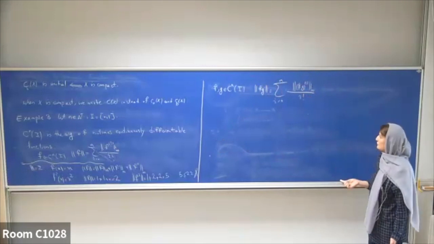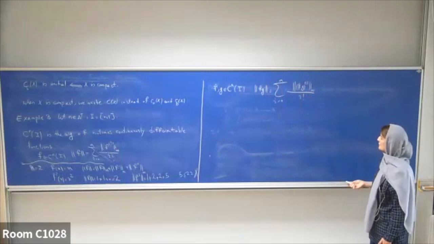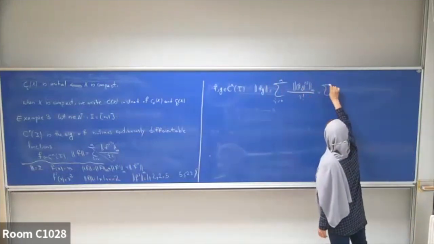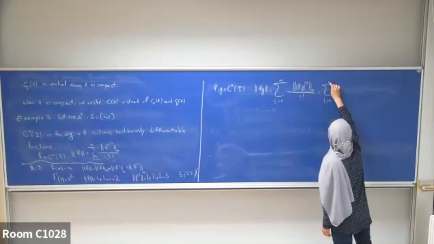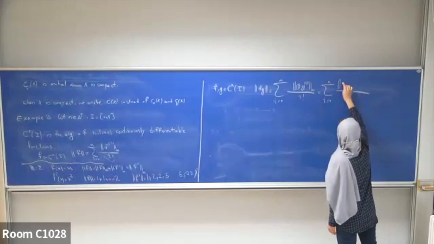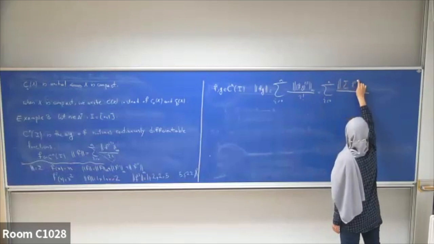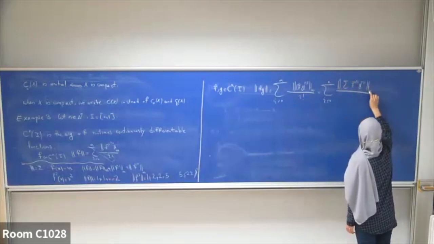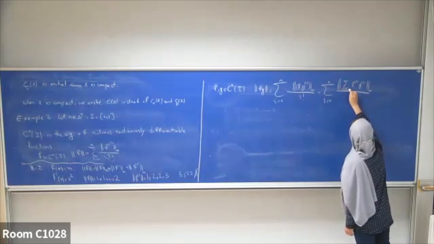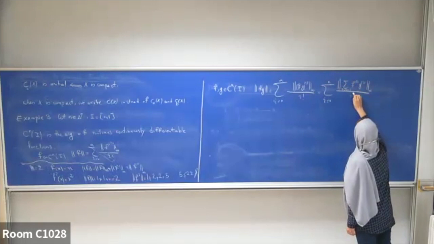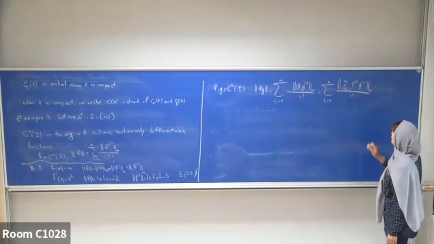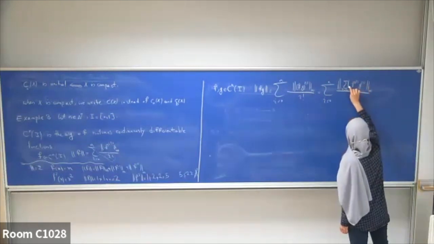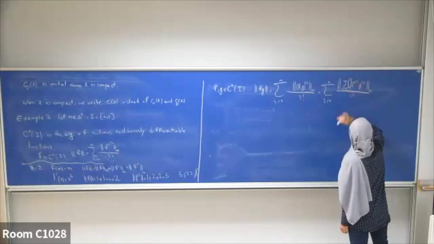And according to the formula for the derivative of a product of two functions, by induction we can obtain that this is a sum of f to the r-th derivative times g to the s-th derivative, where r plus s is i, over i factorial. Sorry, I forgot: it could be r or s, it doesn't matter which one, but we need to put it here.